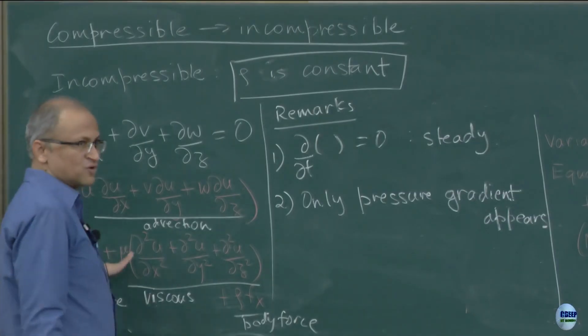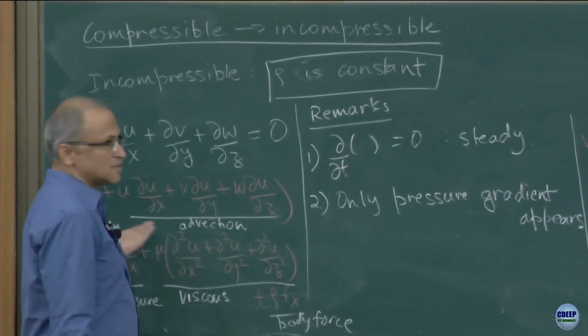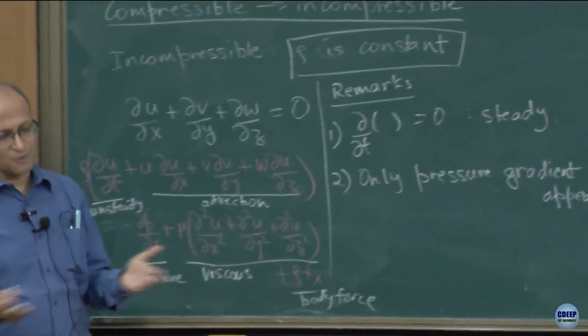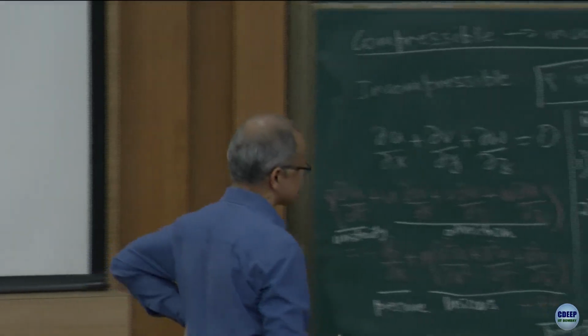If I integrate this, I will get P minus P ref, let us say. So P ref could be anything. Depending on the value of P ref that I use, I will get different values of P at different places. So that's the second remark that we can make here.